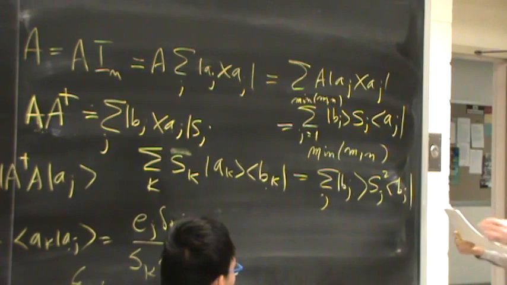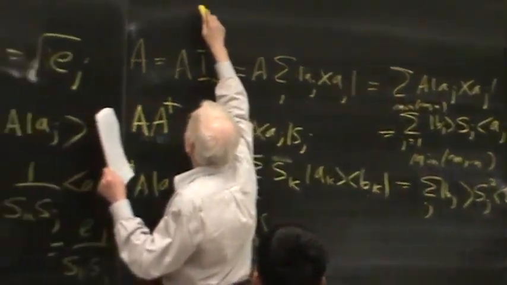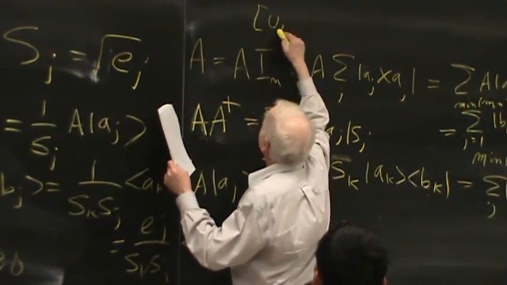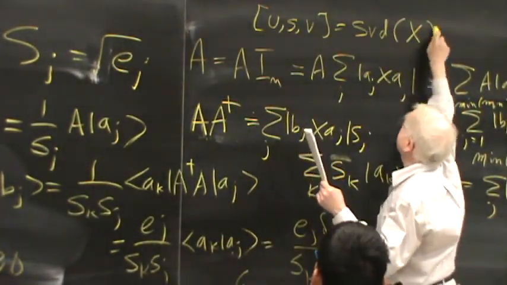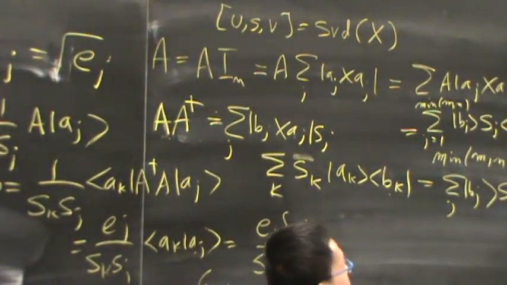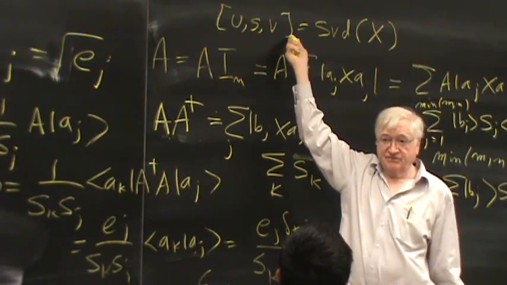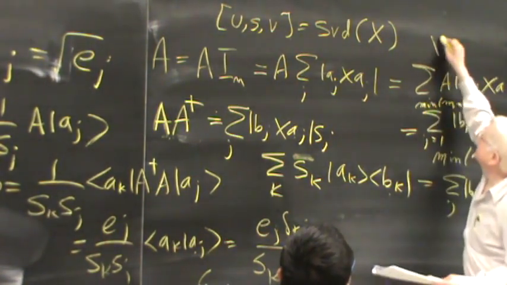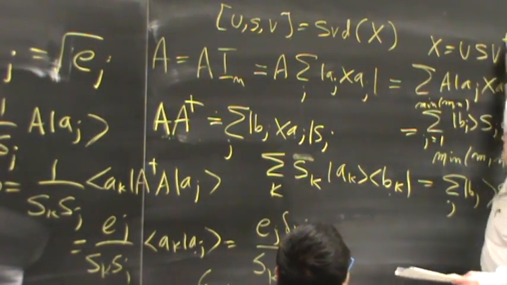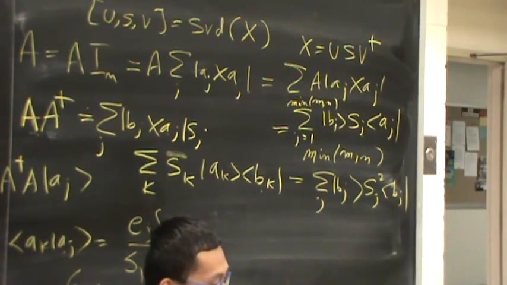If you define some matrix X, you just say [U,S,V] equals svd(X), and hit return, and bingo, MATLAB will give you the unitary matrix U, the non-negative rectangular matrix S, and the unitary matrix V. And that will all be such that X is equal to U S V dagger. All right, so that's the singular value decomposition.